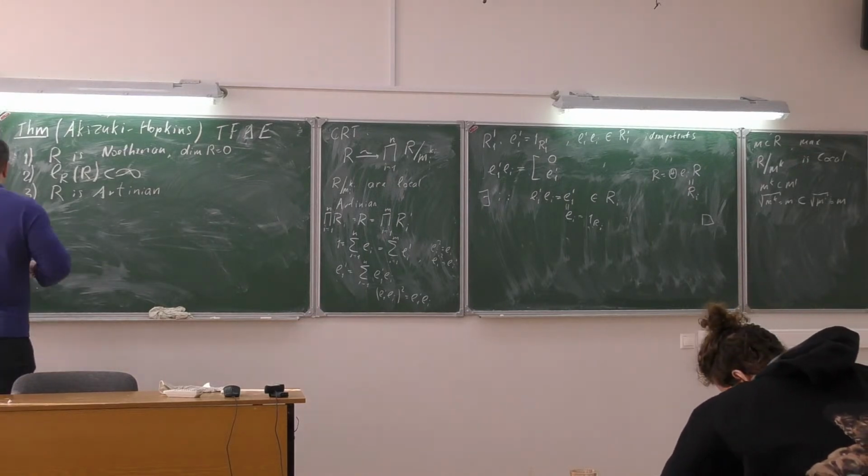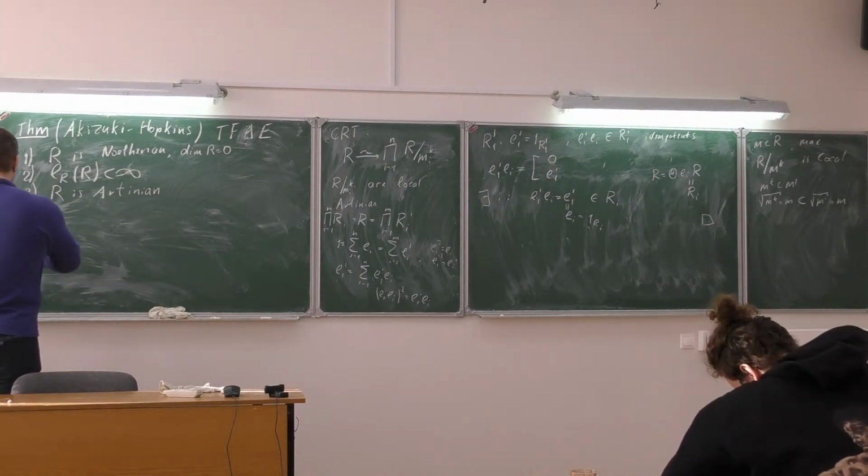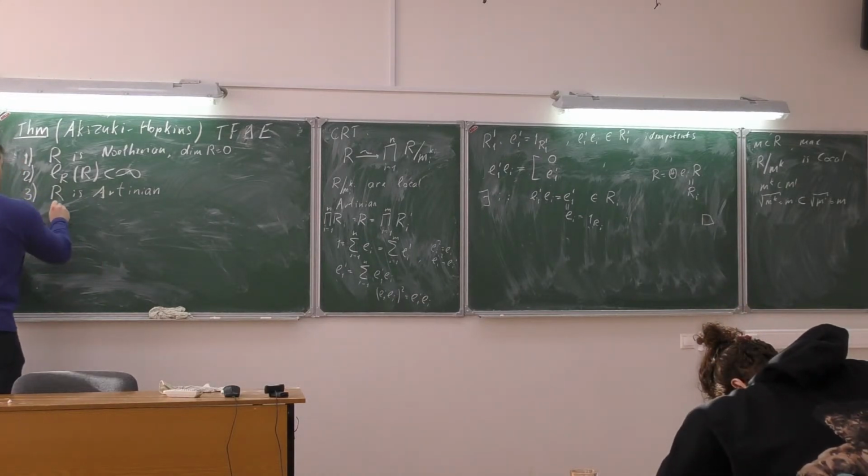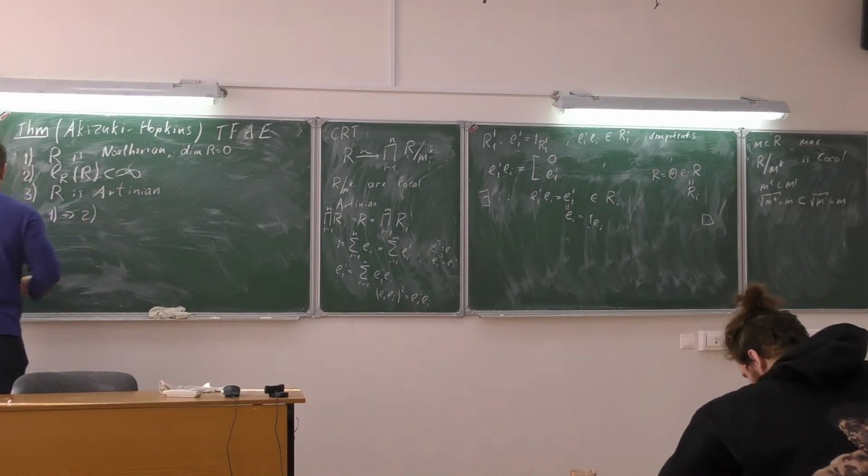Proof. So in the proof, I'm going to go from 1 to 2, 2 to 3, 3 to 1. So let's go 1 implies 2.